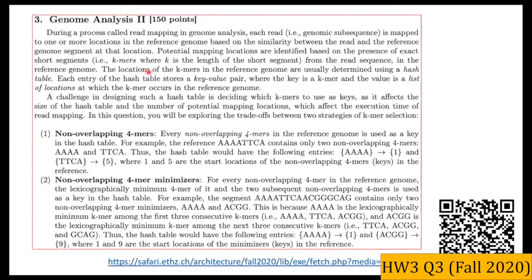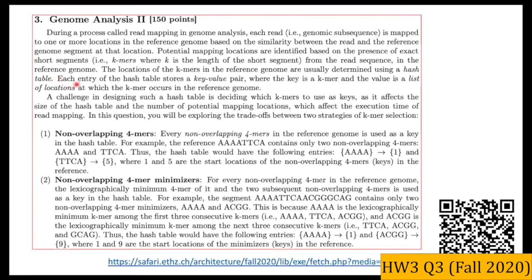The locations of the k-mers in the reference genome are usually determined using a hash table. A hash table here will be used as one type of index data structure. There are other alternatives, but in this question, we will be using a hash table.